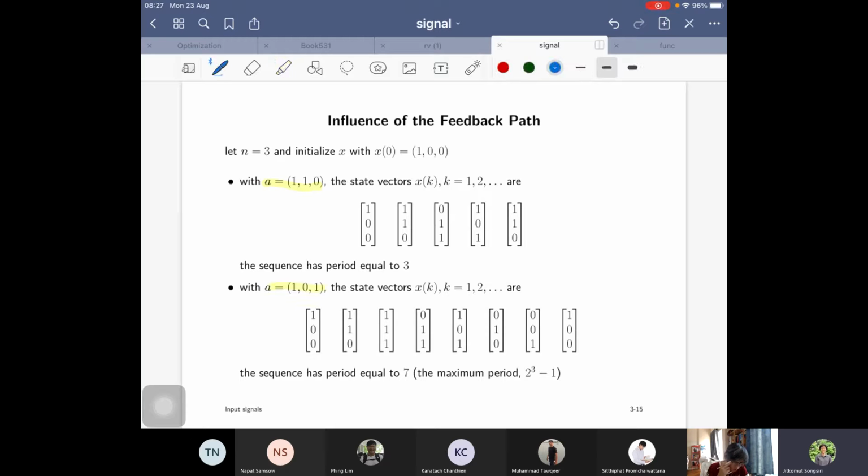Remember that now n equals 3, so the PRBS equation progresses like x3(t+1) equals a1 x1(t) plus a2 x2(t) plus a3 x3(t). If I try to write it in vector format, you're going to do things like this.